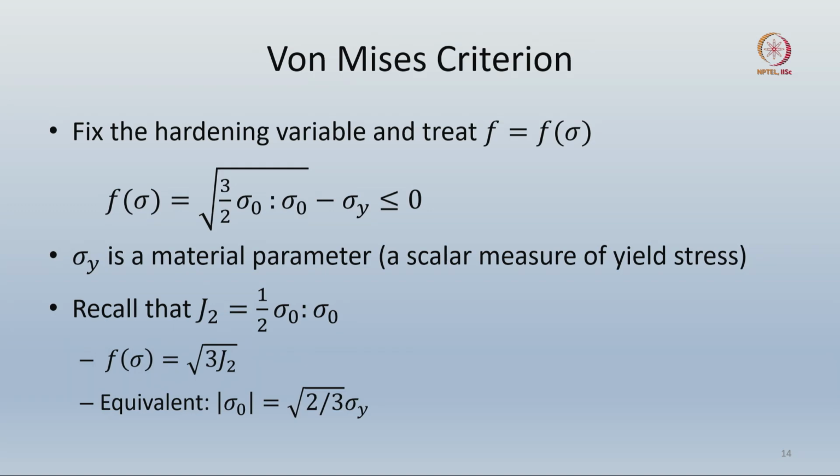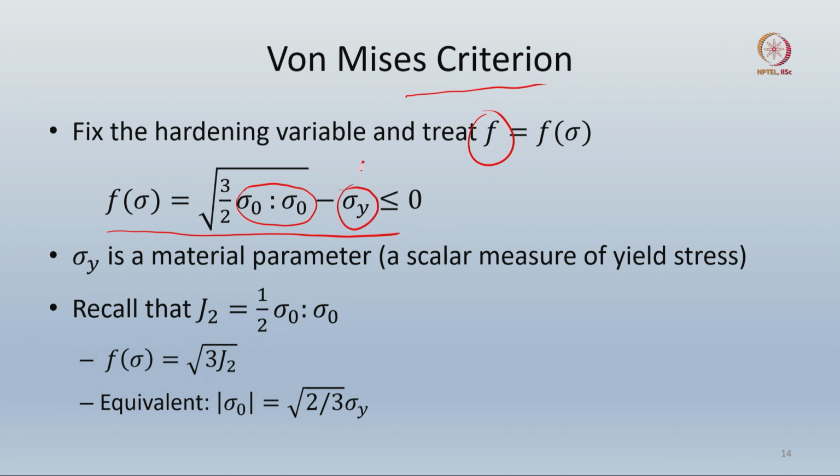Now, let us talk about one such yield criterion, F(sigma). Yield criterion means specifying the function F as a function of stress. This is called the von Mises criterion, pretty famous. It is given by F(sigma) equals square root of 3/2 times the inner product of sigma_0, the deviatoric stress, with itself, minus some material constant sigma_y.